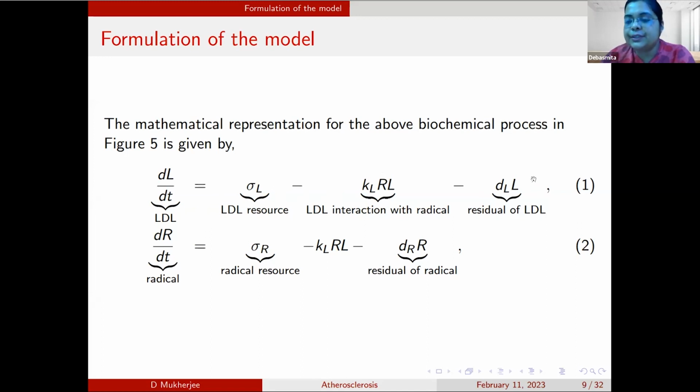And then we have the residual of LDL, the degradation part of LDL, which is not taking part in this plaque-forming process. The next equation is on the concentration of radical. Here also I'm assuming there is a constant resource of radical, and radical is also involved in this oxidation process. The term is the same, radical and LDL are interacting, and then we have the residual of radical.